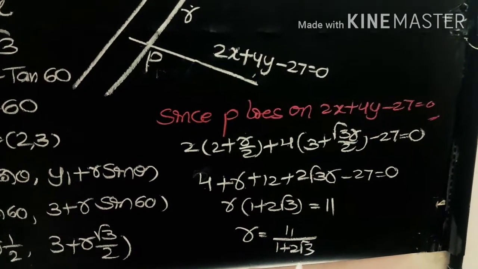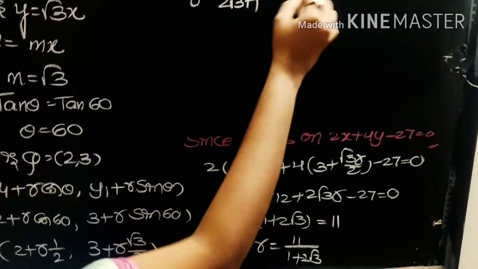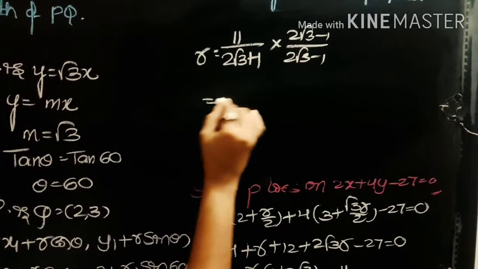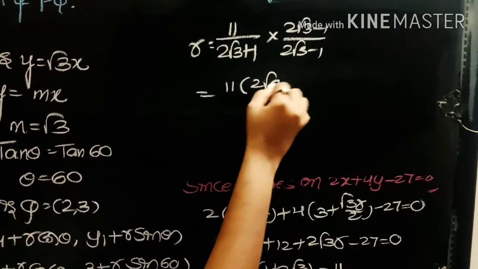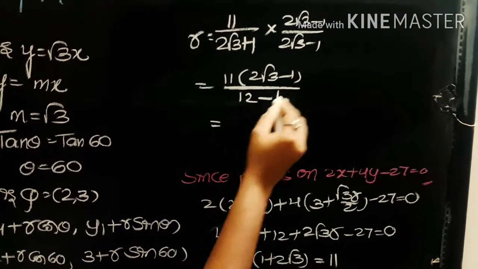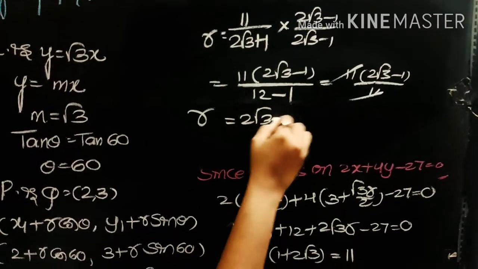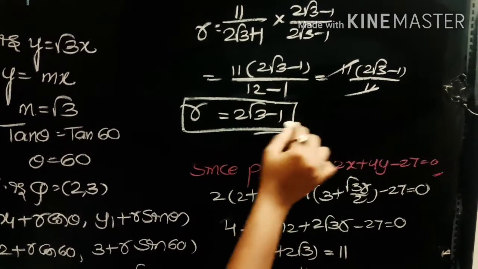Now taking the rationalization, 11/(2 root 3 + 1) times (2 root 3 - 1)/(2 root 3 - 1), which equals 11(2 root 3 - 1)/((2 root 3)^2 - 1^2), that is 12 - 1 = 11. Therefore, the value of r is 2 root 3 - 1.